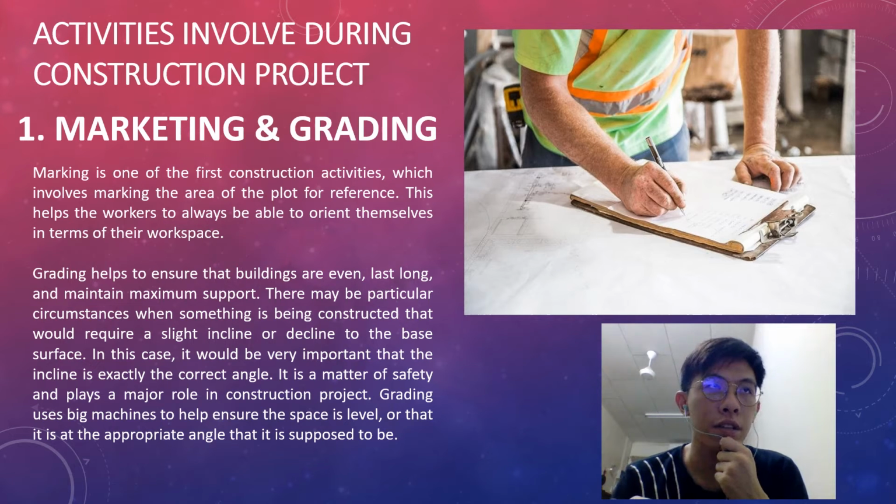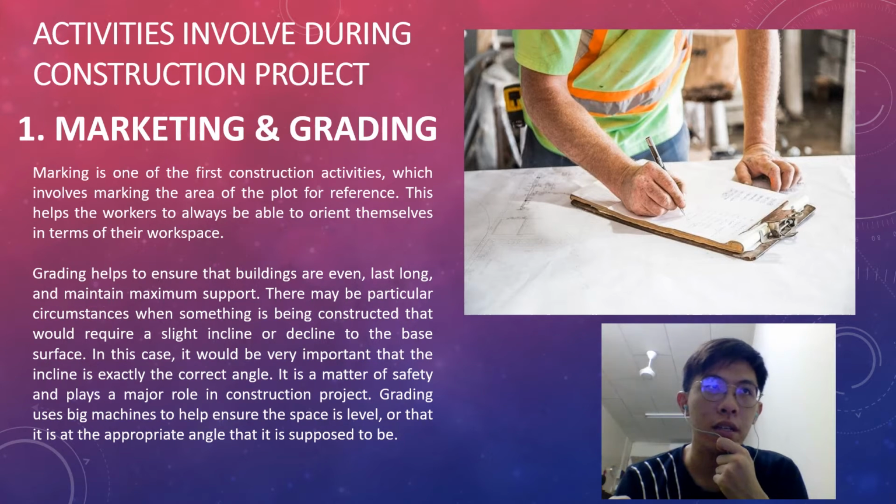And next is grading. Grading helps to ensure that the buildings are even, last long, and maintain maximum support. There may be particular circumstances when something is being constructed that will require a slight incline or decline to the base surface.